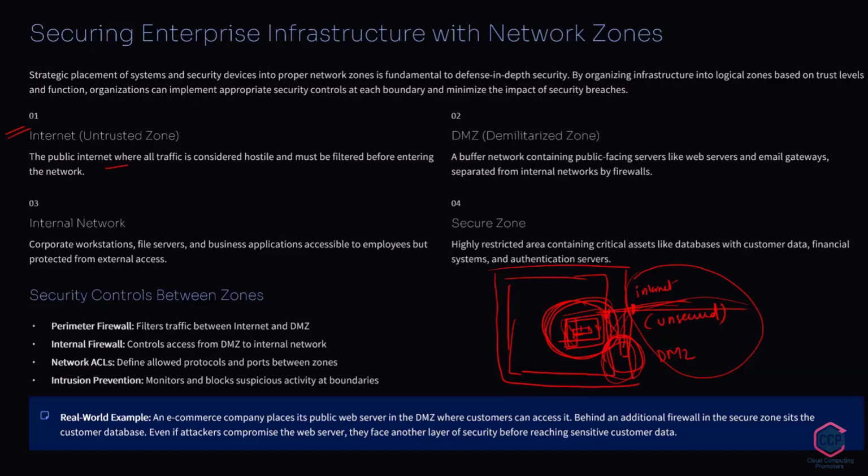Then we do have the secure zone, a highly restricted area containing critical assets within the organization. This is critical. Okay, here we have a perimeter firewall, internal firewall, network access control lists, and intrusion prevention. This is how we manage a network architecture in an organization.